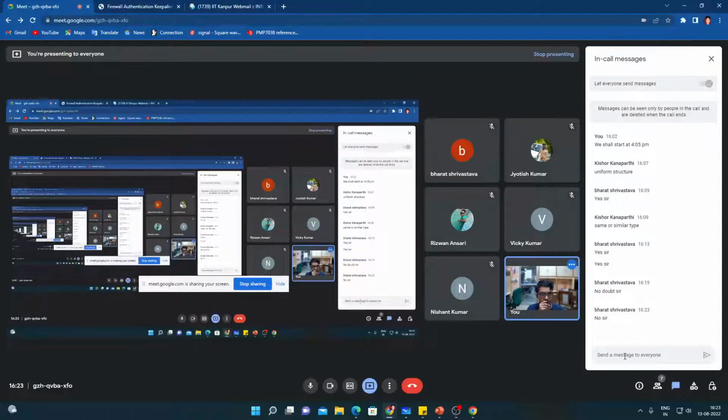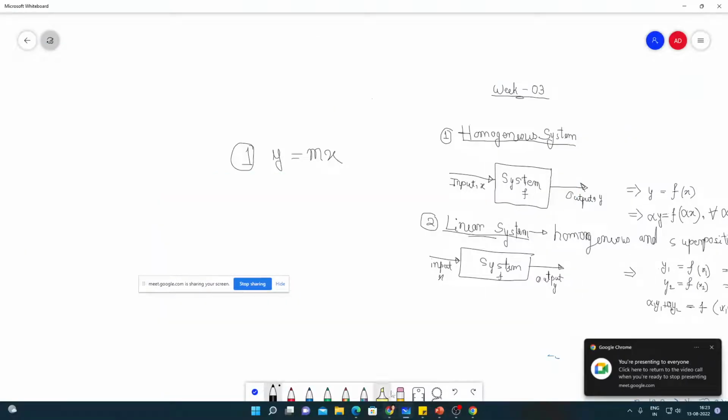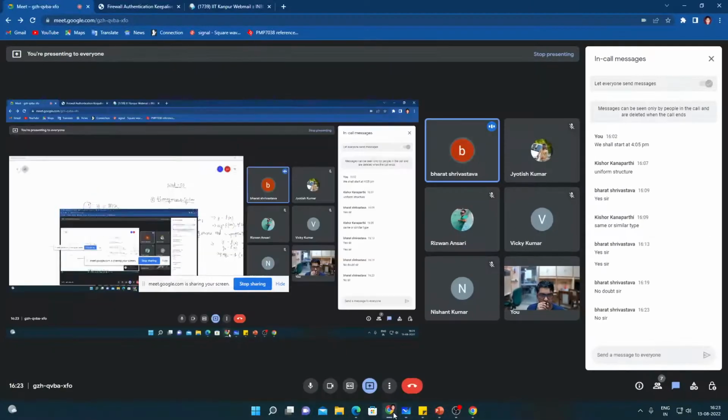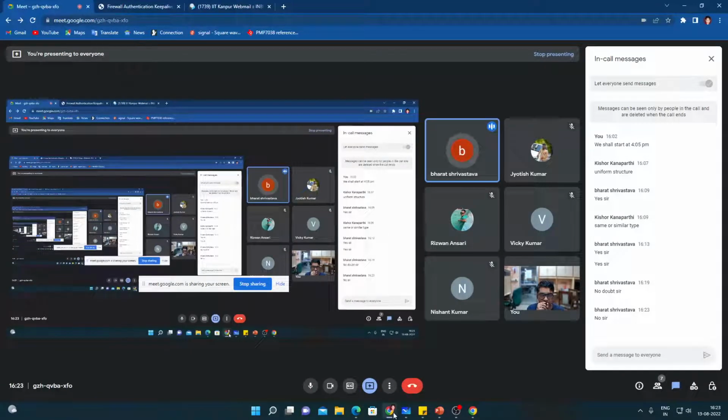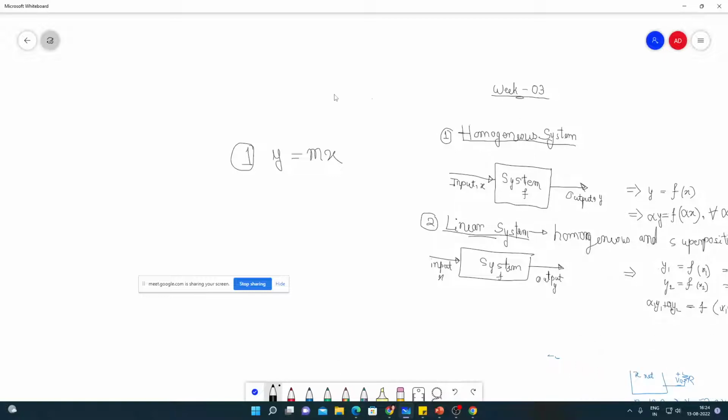Why no? Sir, because you said y is equal to mx, not the output will be equal to mx. So what input are you supplying? The input is x. So if we multiply by a scalar quantity like m, the output should be my. No, I am saying the system is represented in the form of y equals mx.